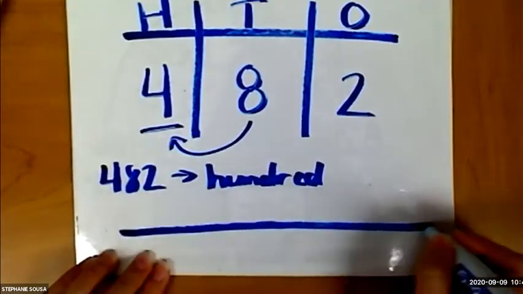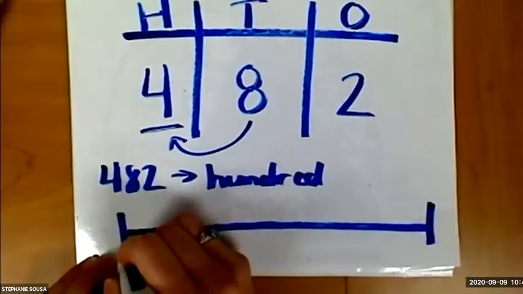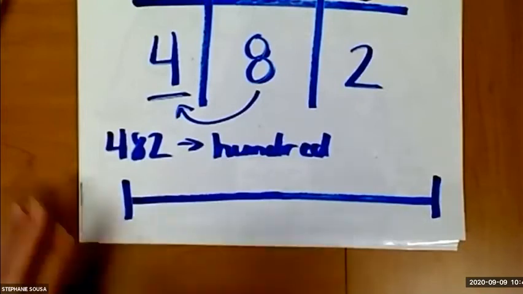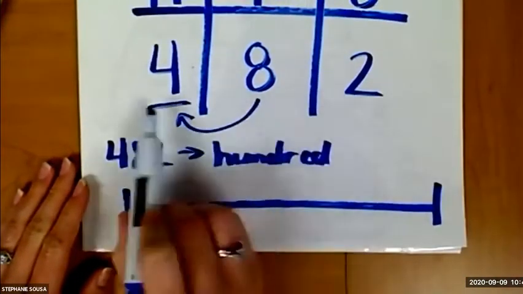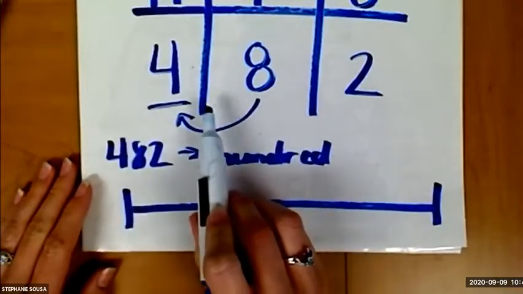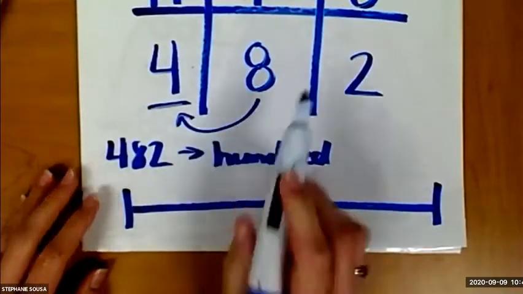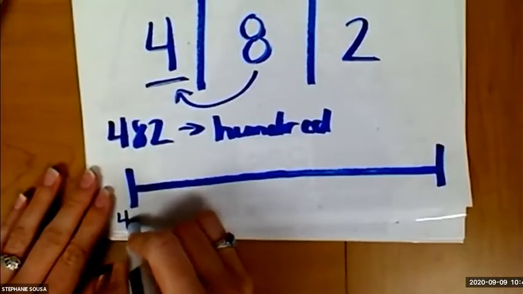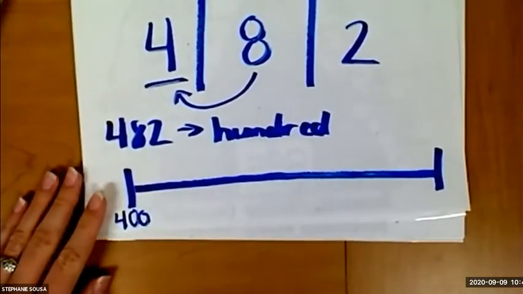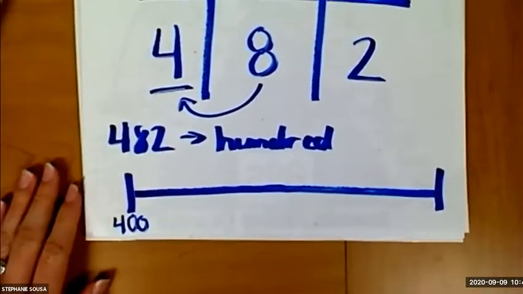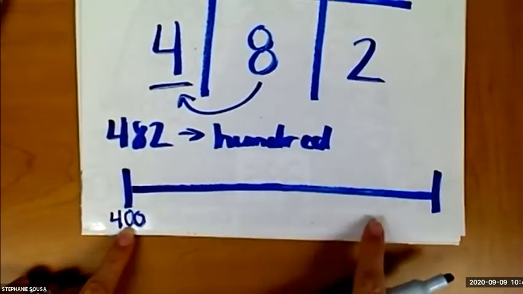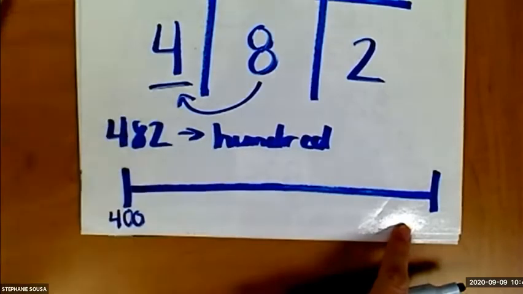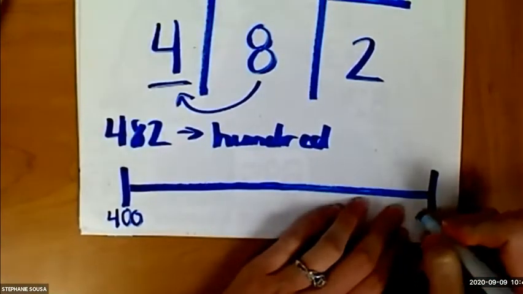So on a number line, I need to establish my benchmark numbers. I say the first benchmark number when I say the name of this number, 482. So my first benchmark number is 400. Now, if I'm counting by hundreds, everybody, what comes after 400? Good, I saw your mouths say 500.